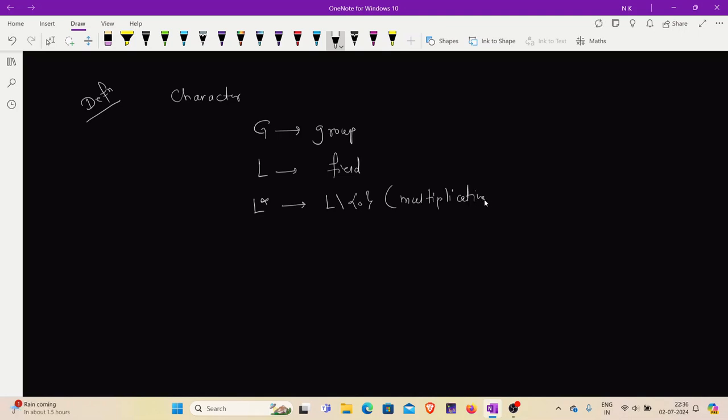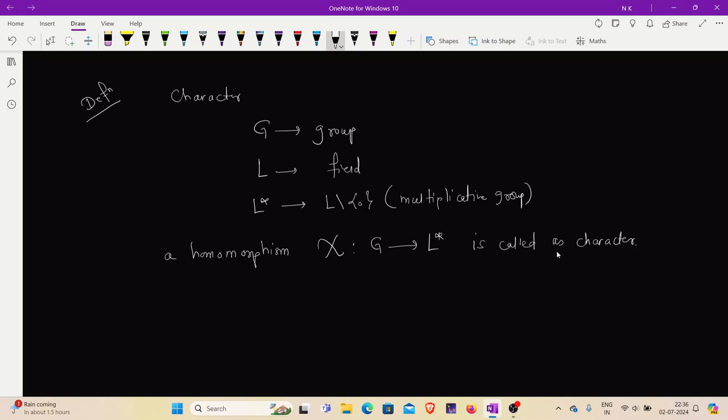So any homomorphism, say chi, from G into L star is called a character.